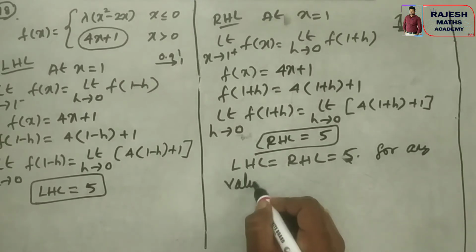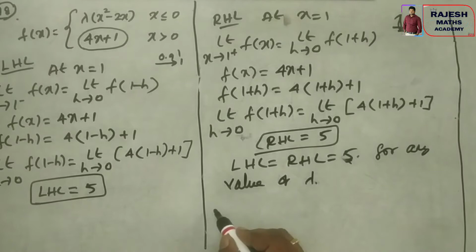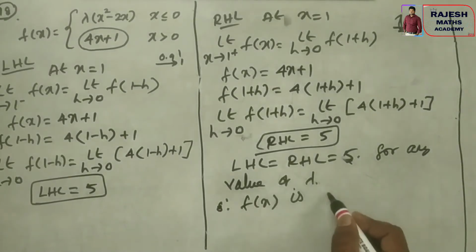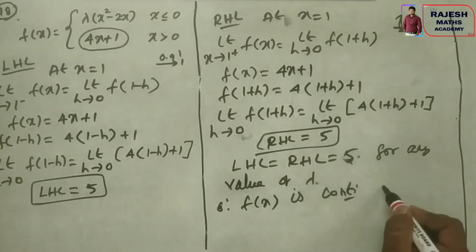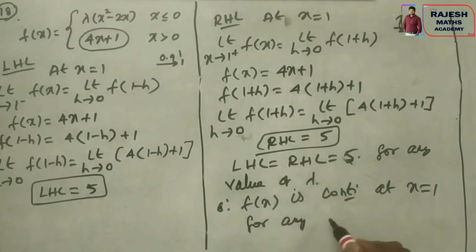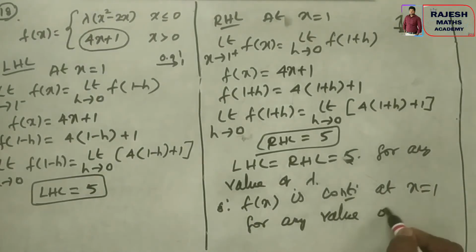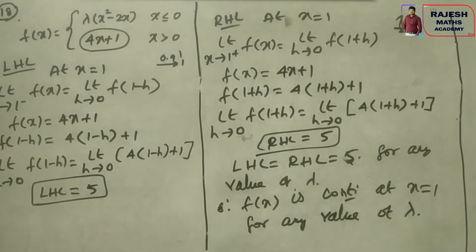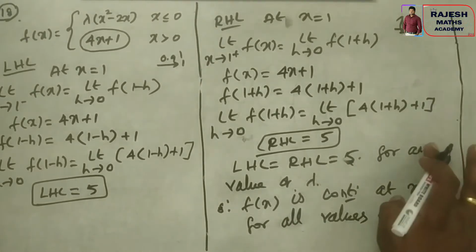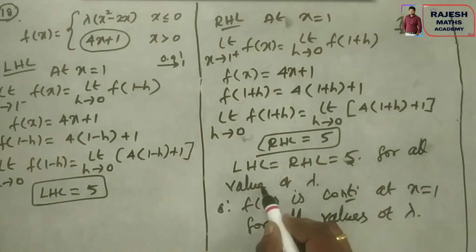Therefore I can say that f of x is continuous at x equal to 1 for any value of lambda. In the previous case it is not continuous for any value of lambda. This case it is continuous for all values of lambda. Here also we can say for all values of lambda.